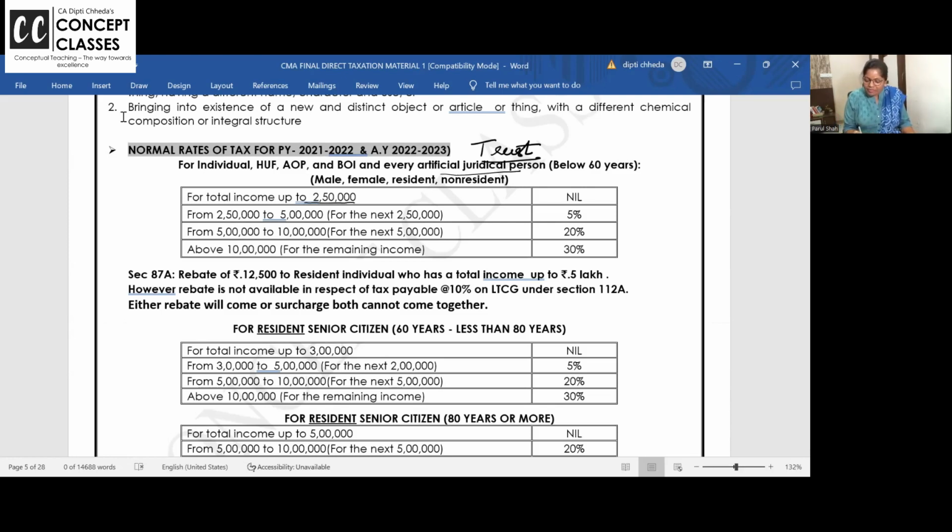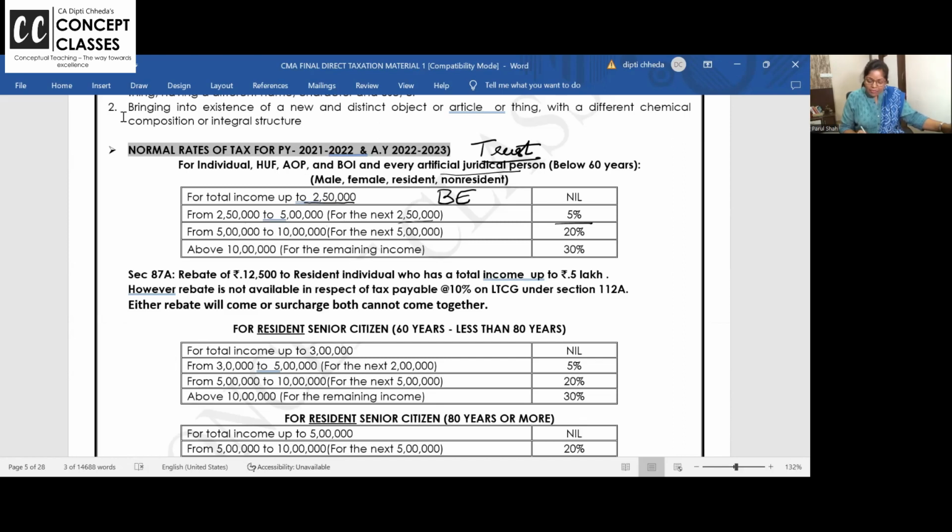Up to 2,50,000, the tax is nil, and this is called, dear students, basic exemption. You don't have to pay tax. On the next 2,50,000, that is from 2,50,000 to 5 lakh, it is 5%.